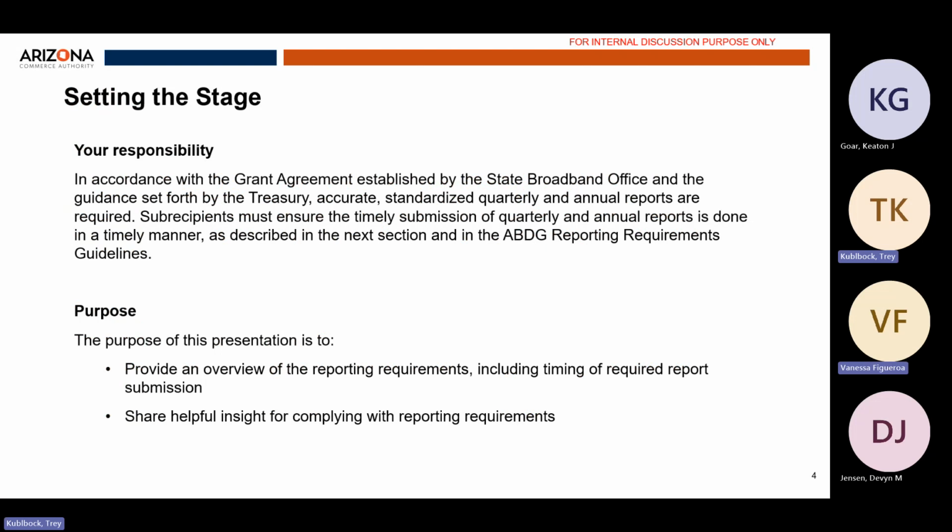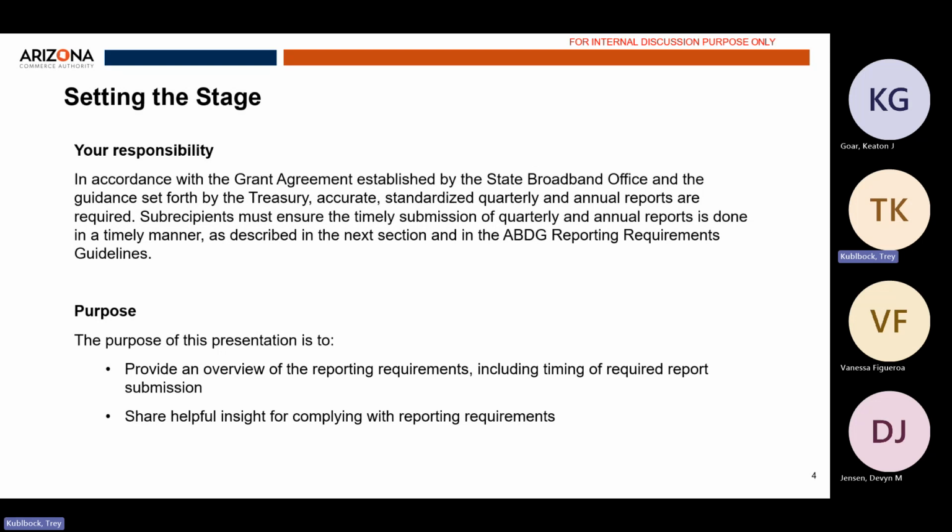Thanks, Vanessa. As a recipient of CPF funding, Treasury requires that the Governor's Office for Arizona report on a variety of different items related to the progress of the ABDG program. In order for the Arizona Commerce Authority, ACA, to report that information, we need to collect information from you as the subrecipients, and that'll be done, as Vanessa mentioned, through these reporting forms.